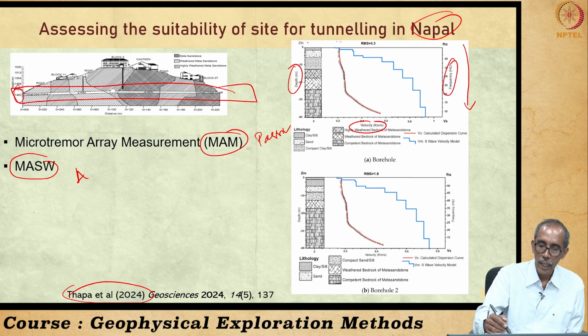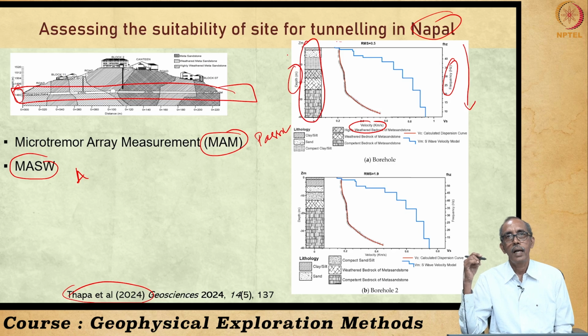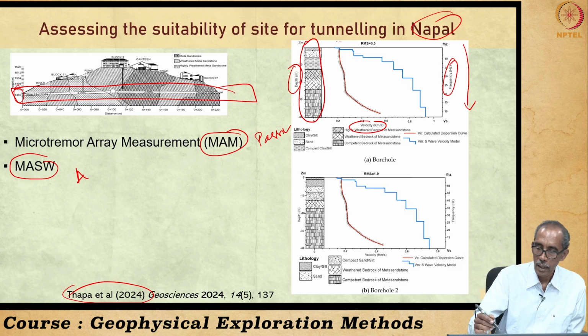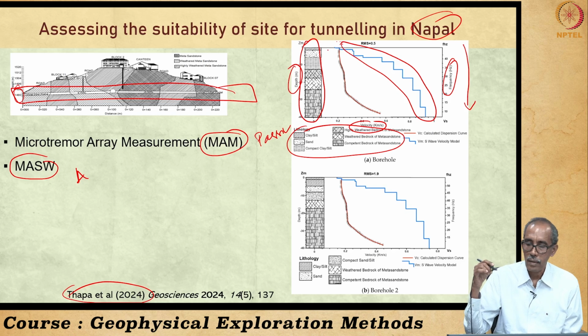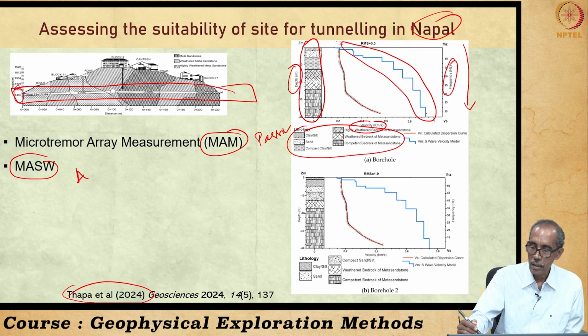They compared their findings with the borehole logs available at that site. Here they could classify the rocks and assign them different velocities. Here the velocity is nearly 900 meters per second, here it is about 800.